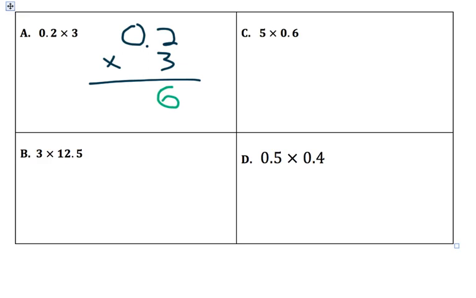At the end of the problem, you see we have one number after a decimal, so we move it right here, and we end up with an answer of 6/10.